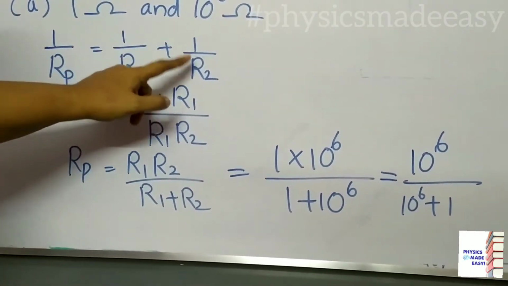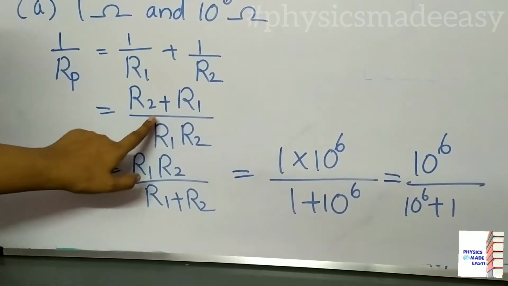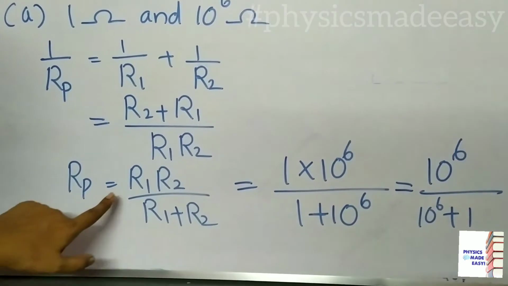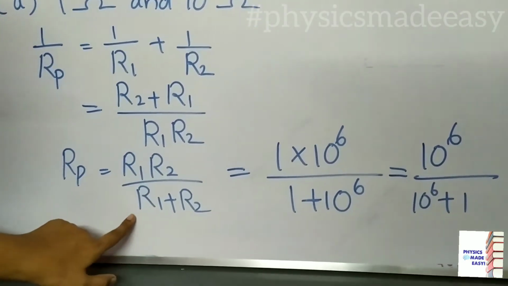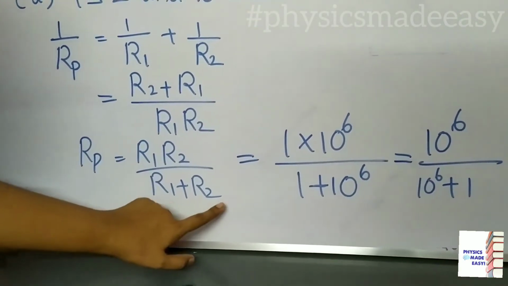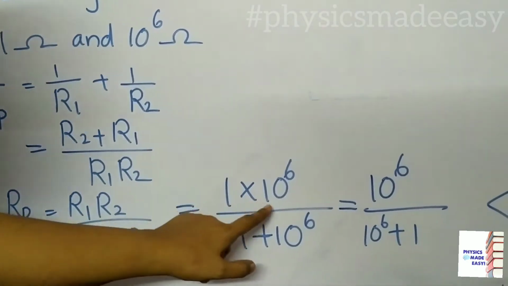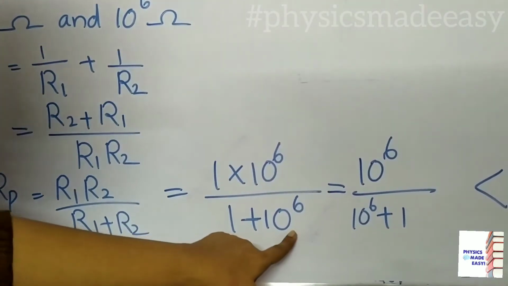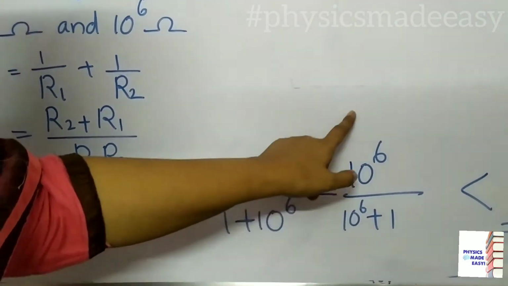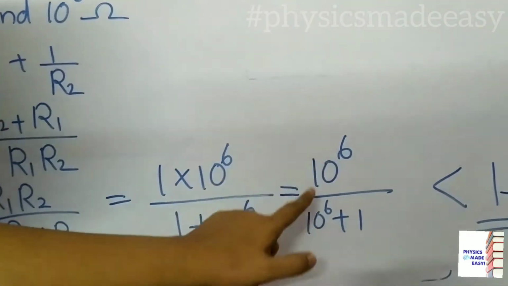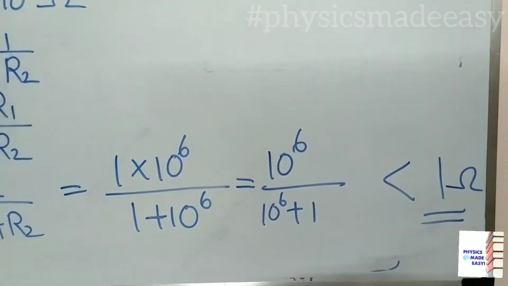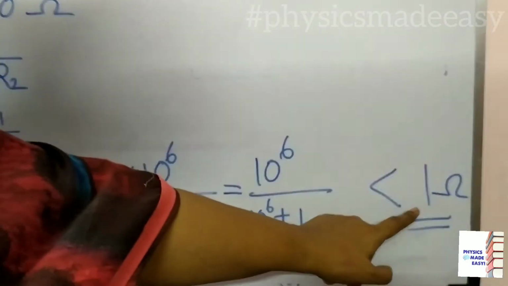You can solve this equation as (R1 plus R2) divided by R1 R2. Then Rp will be R1 R2 divided by (R1 plus R2). Then you can write 1 into 10 raised to 6 the whole divided by 1 plus 10 raised to 6. Then that will be 10 raised to 6 divided by 10 raised to 6 plus 1. From this it is understood the value will be less than 1 ohm.